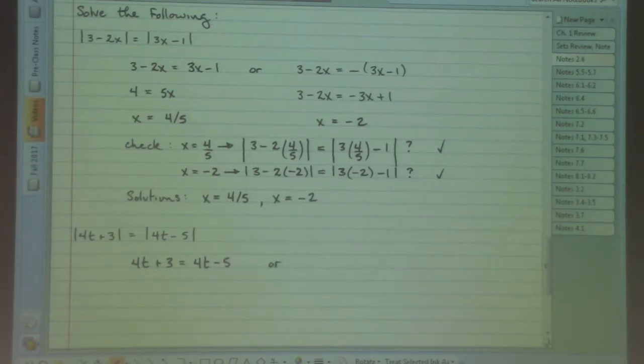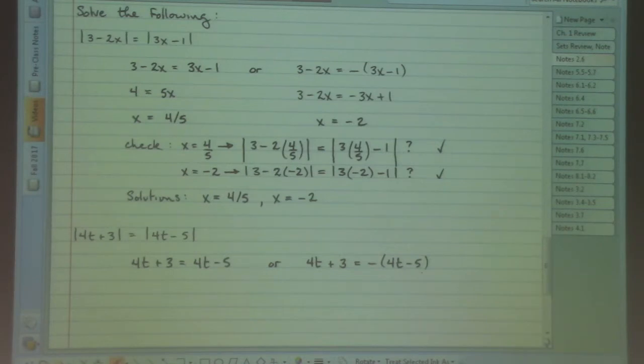Then we also have the second possibility, if the left and right-hand insides were opposites. So the left inside could be equal to negative parentheses inside stuff from the right.